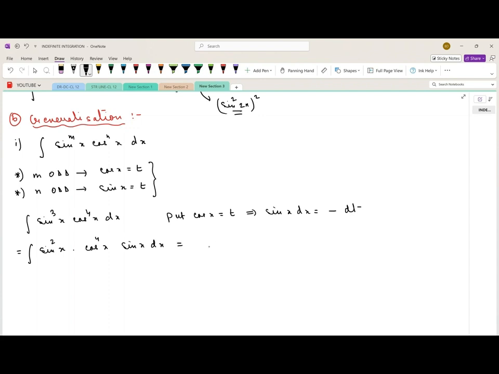So now when you substitute, what do you get? Sin square x is 1 minus cos square x, so 1 minus t square. Cos 4x is t^4.